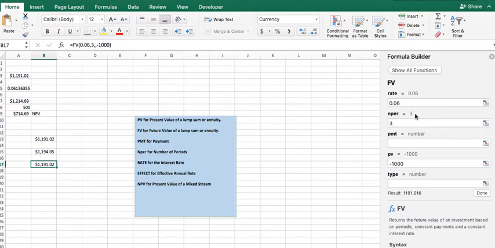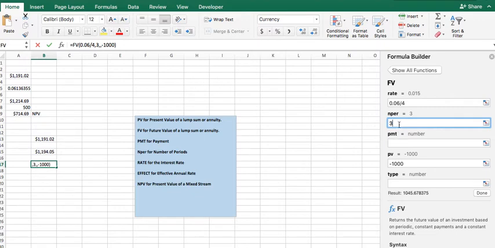And we do the same thing with quarterly compounding, so just do divide 4 for quarterly compounding, and you see it changes it to a quarterly rate of 0.015. So instead of you having to do it in your head or do the quick math in a basic calculator first and then input the 0.015, you just let Excel do the work for you. And again, quarterly, so that's 4 compounds in a year.